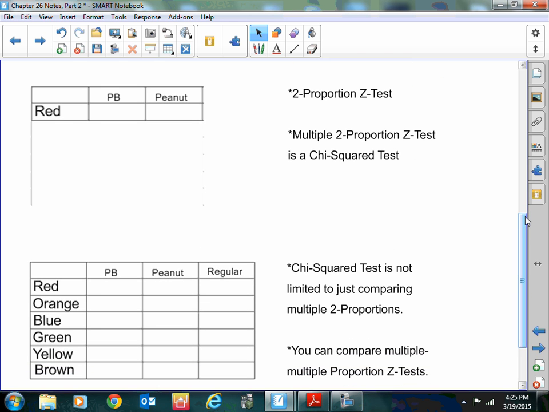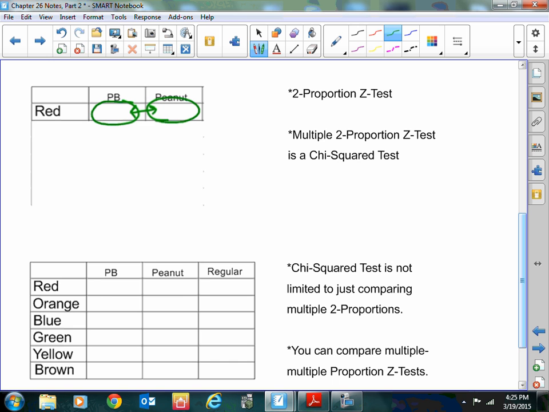Let's say we were just interested in comparing peanut butter M&Ms to peanut, and we were comparing the red proportion for peanut butter to the red proportion of peanut, and we were going to check and see if those happened at the same rate. Are those two proportions the same? Well, guess what?